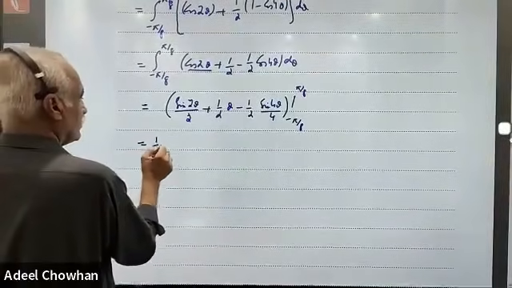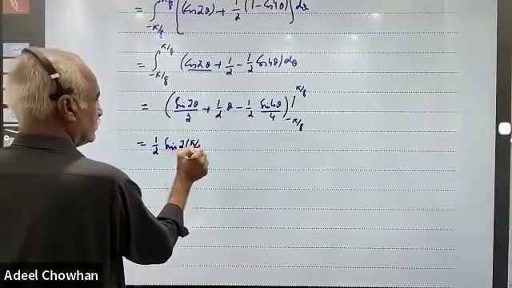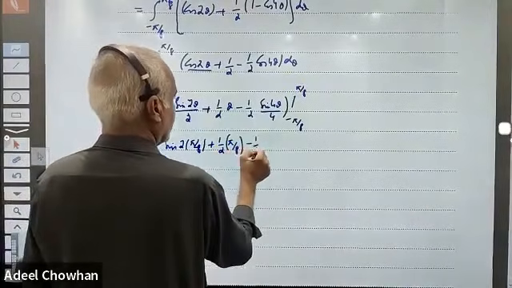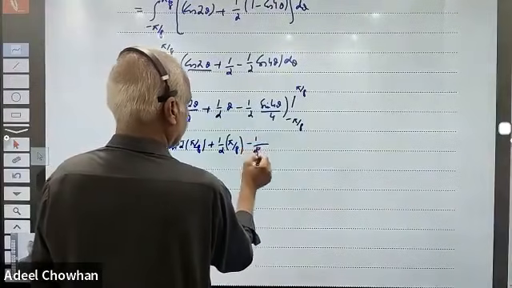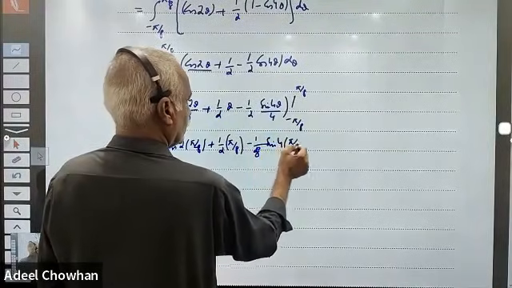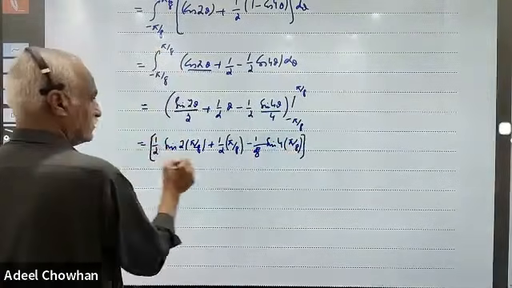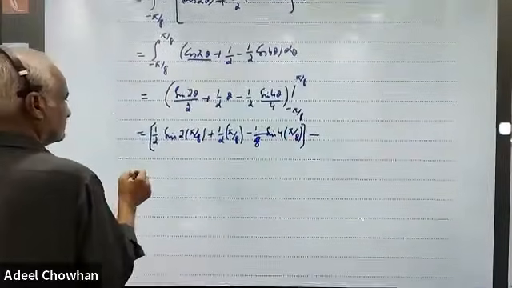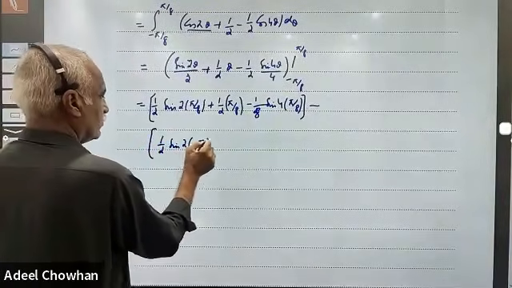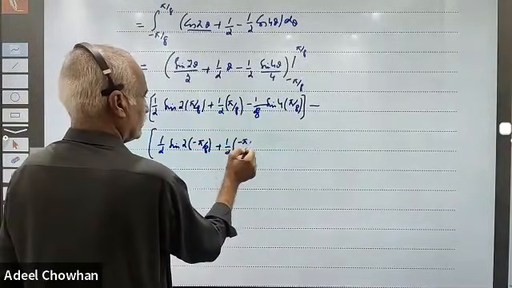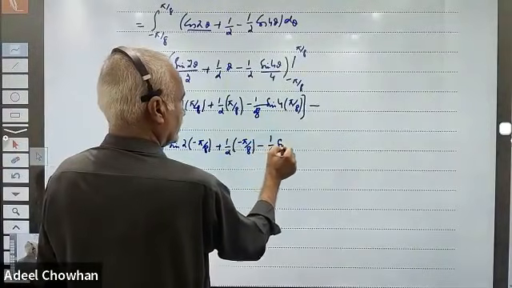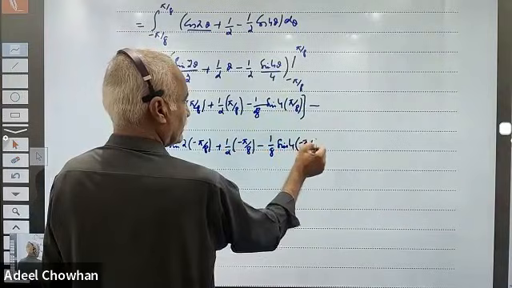So it should be equal to 1 over 2 sine of 2 into pi by 8 plus half into pi by 8 minus half into, 2 into 4 is 8, sine of 4 into pi by 8, minus half into sine of 2 into minus pi by 8 plus half into minus pi by 8 minus 1 over 8 sine of minus 4 pi by 8.